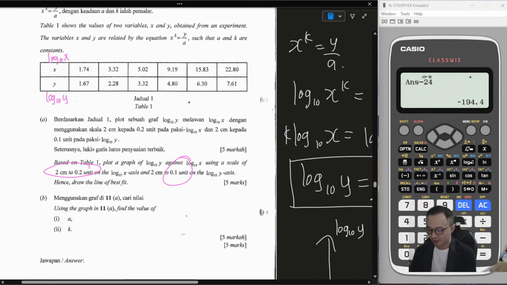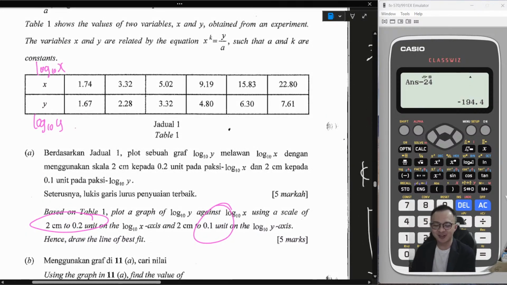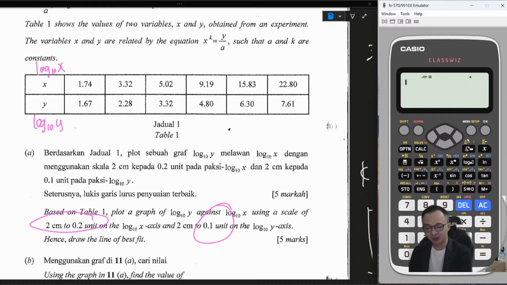Okay? Just in case some students are interested in some spreadsheet skills for doing this, I can teach you for fun. Before I end the live here, you can go to the spreadsheet. You can insert your x data here. I teach you how. You insert this one, this one, this one, you just insert everything. 15.83, then this is 22.8.